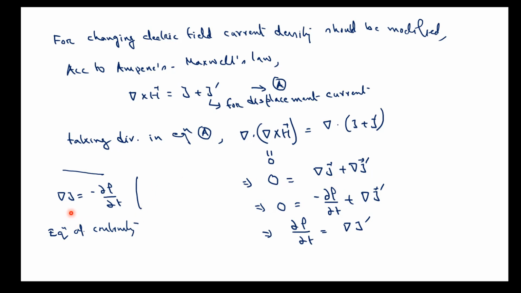We get the divergence of J equal to minus del rho by del t. That part I already discussed. So I put that del dot J value there: minus del rho by del t plus del dot J dash equal to 0. I just change the side, so what I get is del dot J dash equal to del rho by del t. I think you understand how we get del dot J dash equal to del rho by del t.